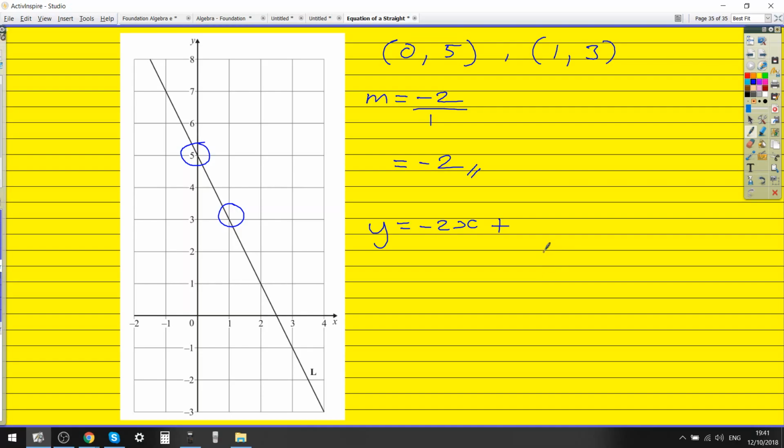No, plus c. What is c for this one? Isn't it the number you would have when you times x by 0? So it's when x is 0.